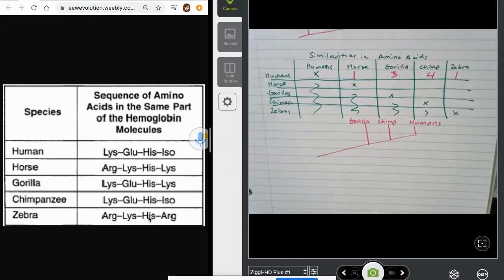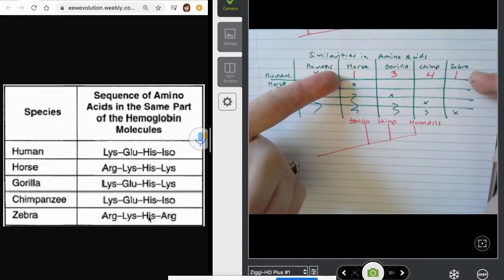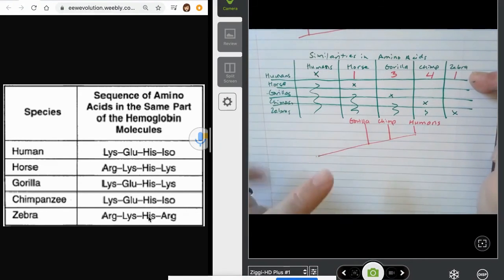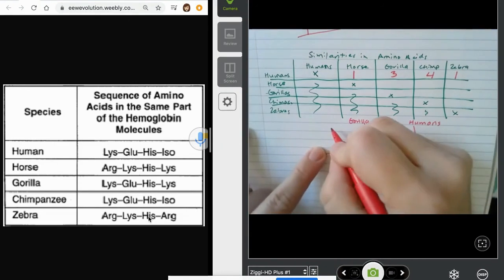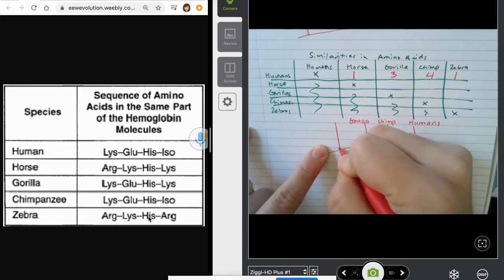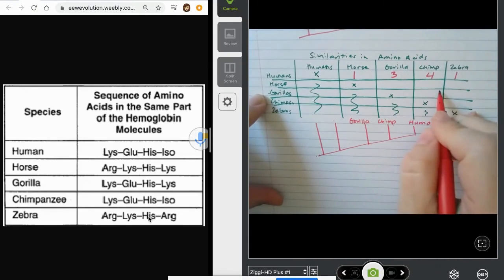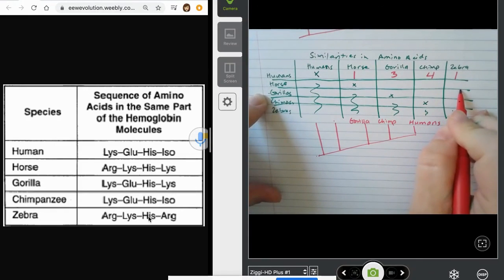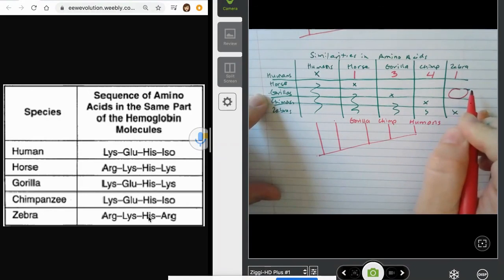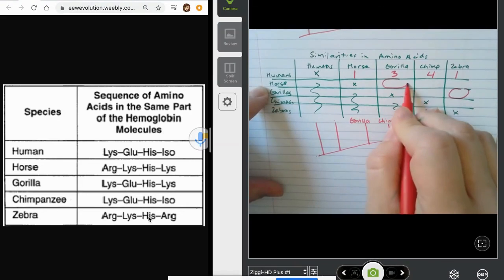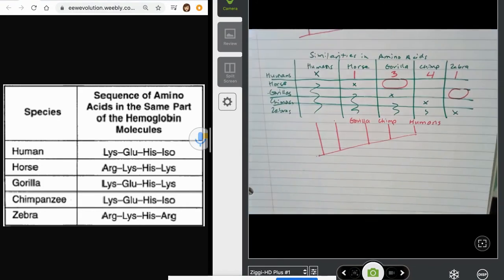But now we have horse and zebra coming in both with 1 similarity. So I need to do a comparison to get some more data with the gorilla. What's going to be next door to the gorilla is the question now. What's going to go here, and then what's going to go here? So let's go to the gorilla line. I'm going to fill out the zebra and the gorilla to the horse right here. So I'll start with horse, gorilla. I'm going to go over here.